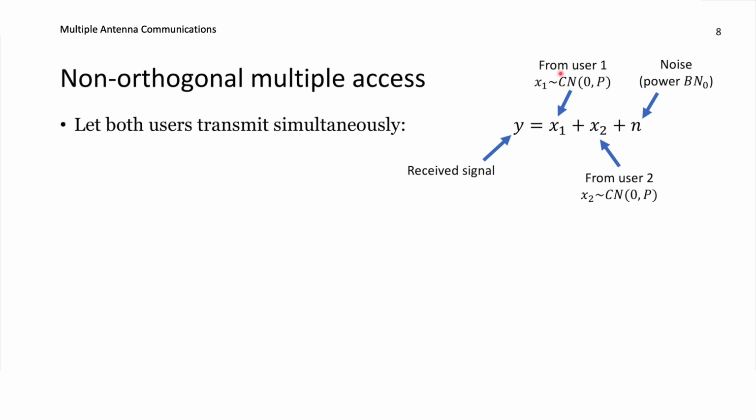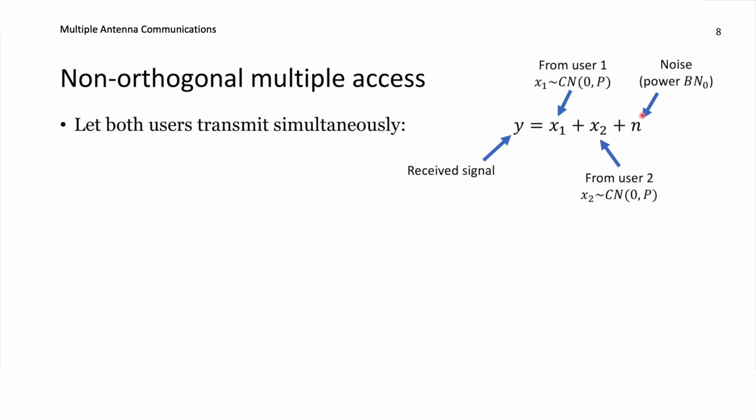We assume that the user is using a complex Gaussian signal with power P, so it's still the same maximum power. Then user 2 is sending the signal X2 at the same time, and it's also Gaussian distributed and has a power of P. And N is noise, which has a power of B times N naught.